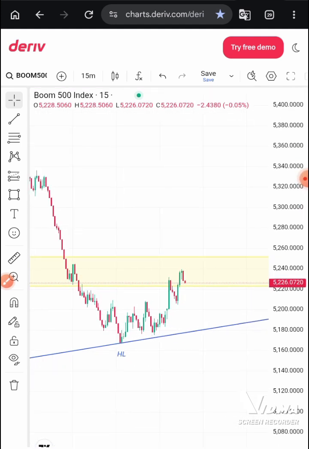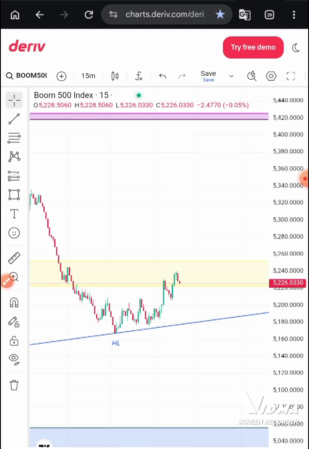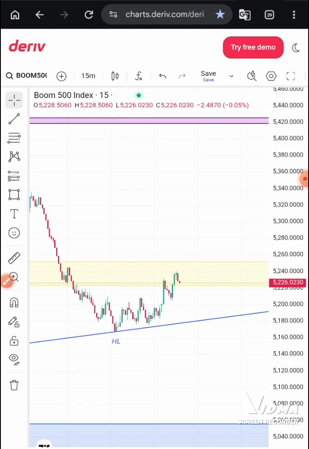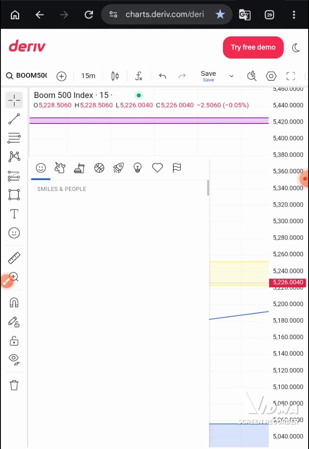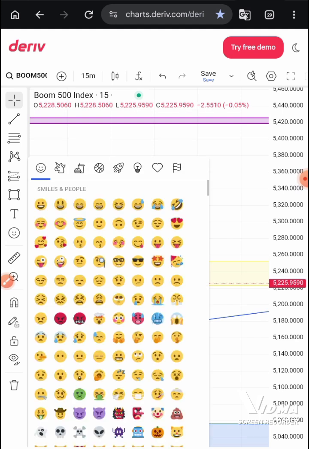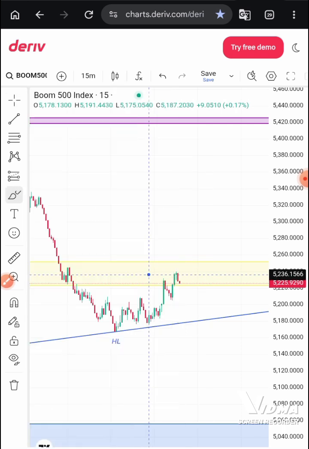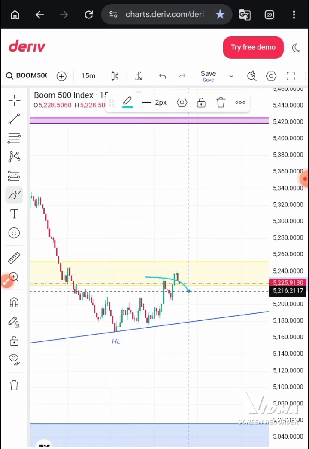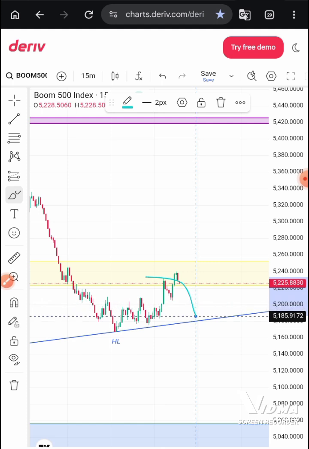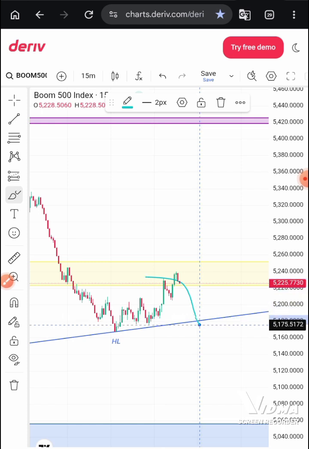On 15-minute time frame, once we see price closing below our flip zone, we are going to either move down here, okay, and take profit there, or price will come through and actually break this trend line.